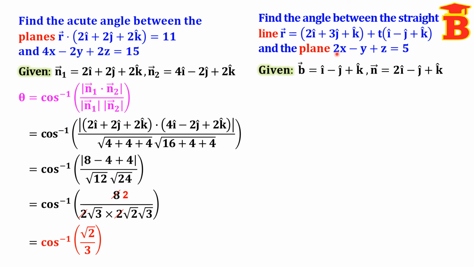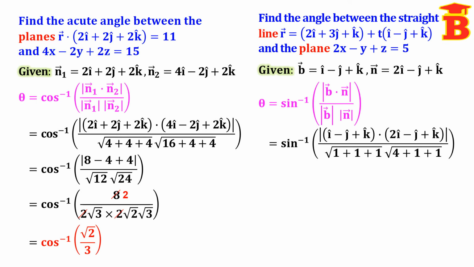So we write 2i minus j plus k. Now the formula is theta equal to sine inverse of modulus b vector dot n vector divided by modulus b vector into modulus n vector.